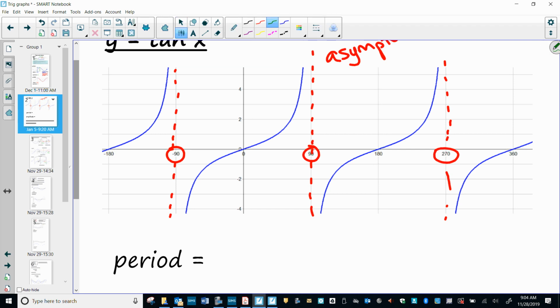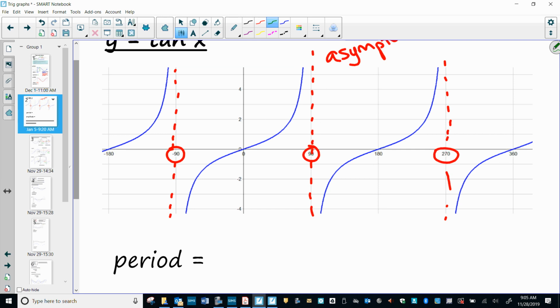It doesn't matter where we look at it. I can see this does a kink here and another kink here. So its cycle is the kink. If it starts around here and ends around here, that's a distance of 180, yes?